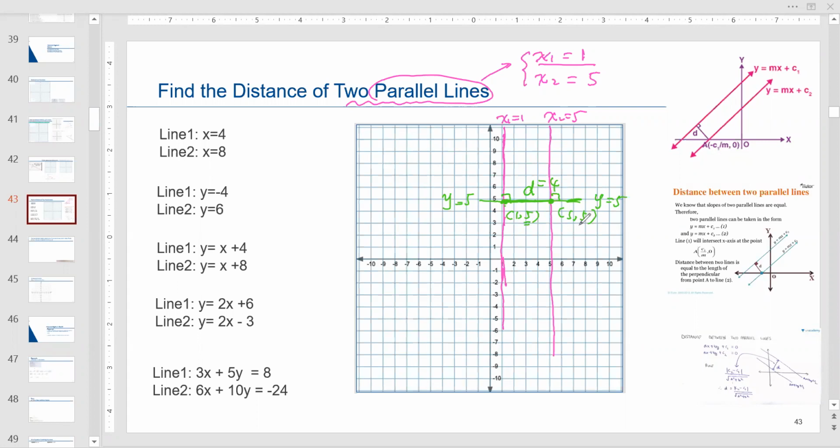Since the y is the same, the difference between the x will be the distance. So it's easy to get the distance between these two parallel lines: the absolute value of 5 minus 1. So this is the first situation.